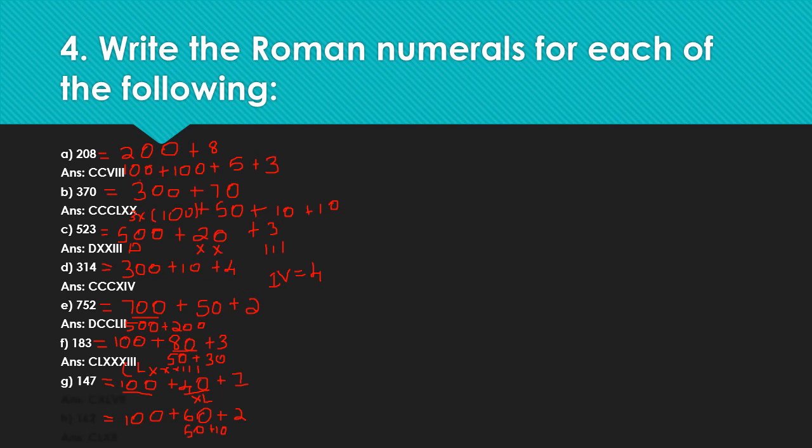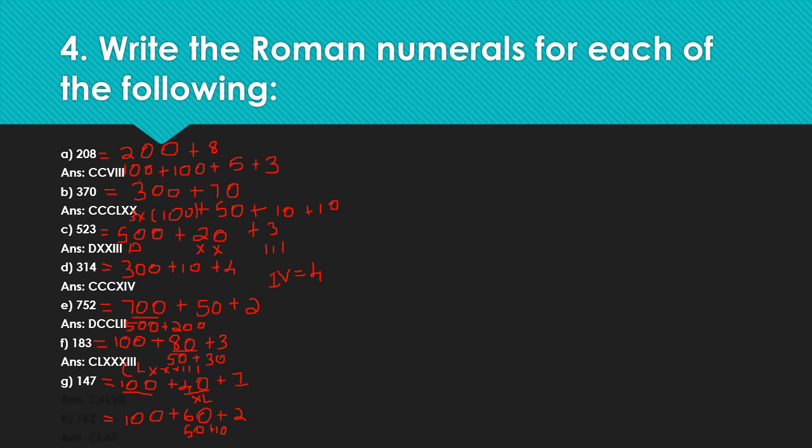Next 147. How can you write 147? First write it in expanded form: 100 plus 40 plus 7. So we have 100 and 7 also we know how to write. But how about 40? We don't have the symbol for 40.